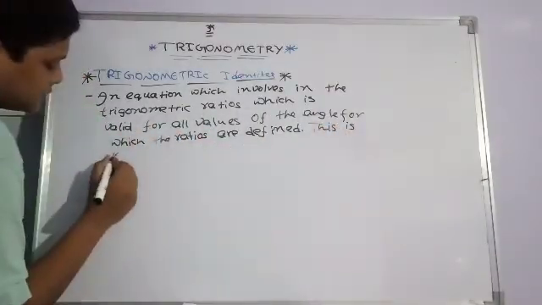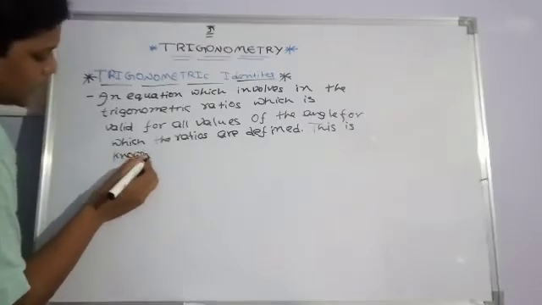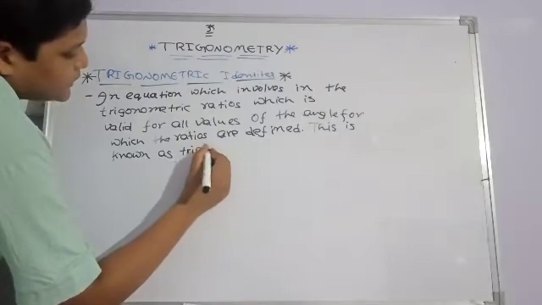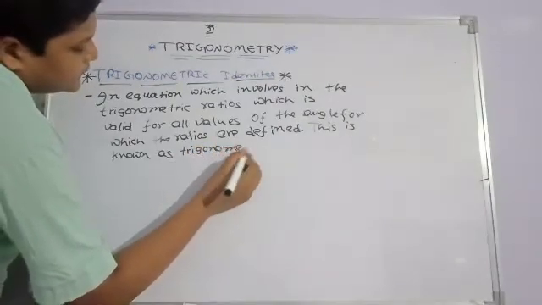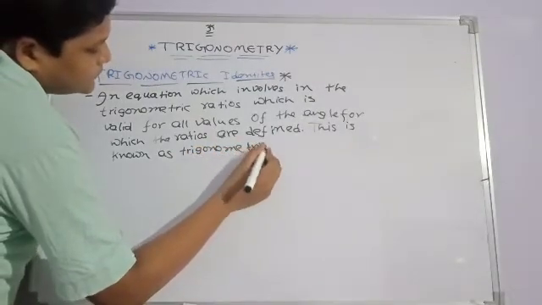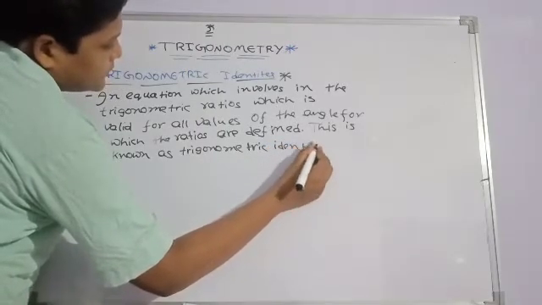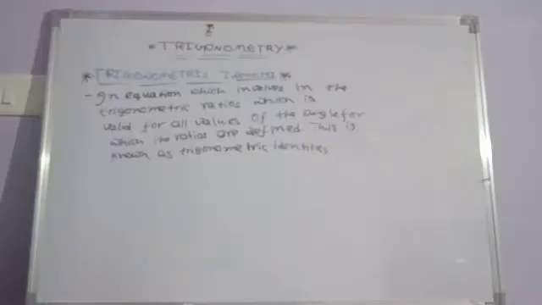This is known as trigonometric identities.